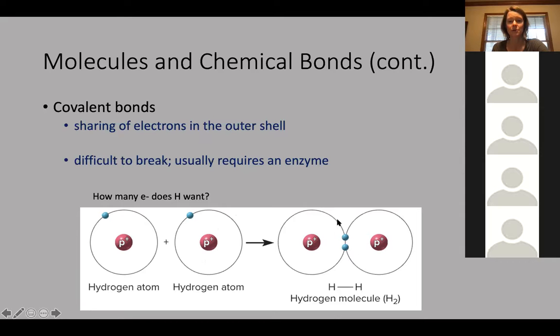As you can see here, when they're bonded, both of them technically have two electrons, even though they're both being shared. So a hydrogen molecule, hydrogen gas, is H2. If there's two hydrogen atoms near each other, they're likely going to bond because it's an easy way to fill their valence shell. So that is a simple example of a covalent bond.